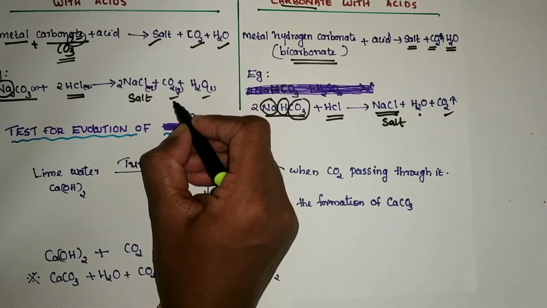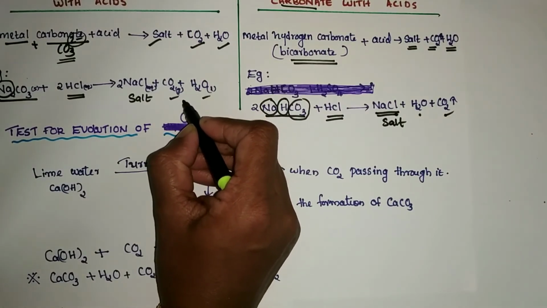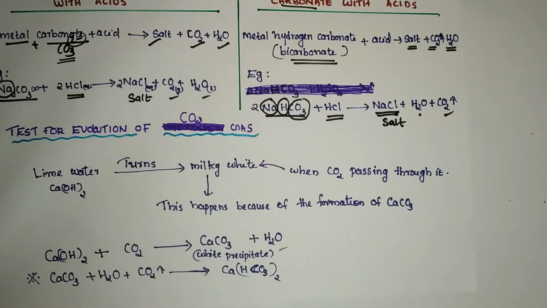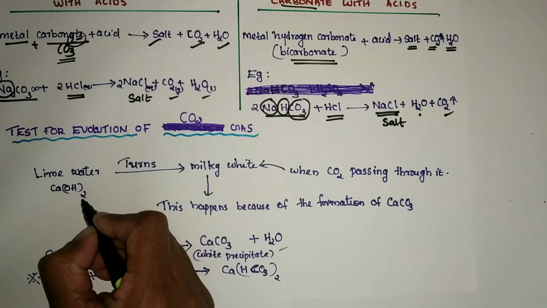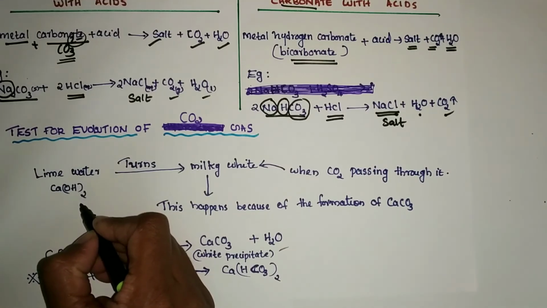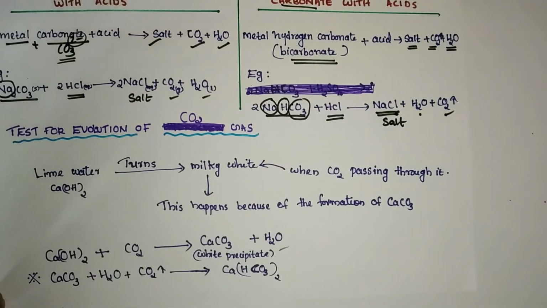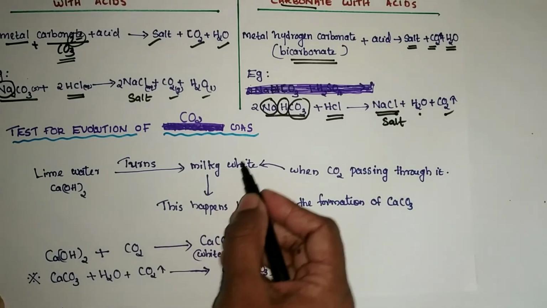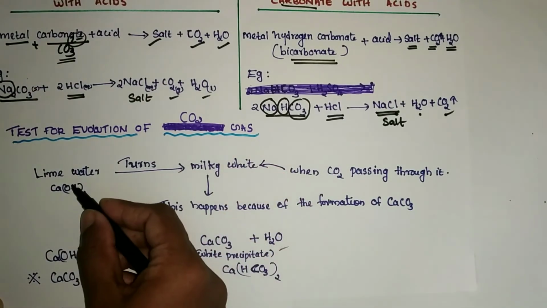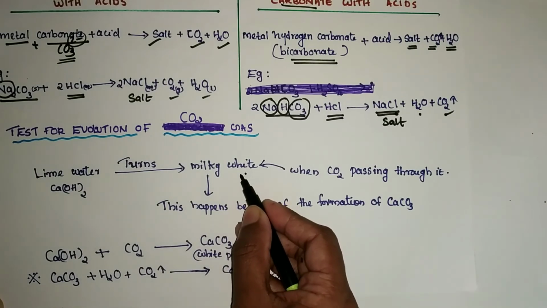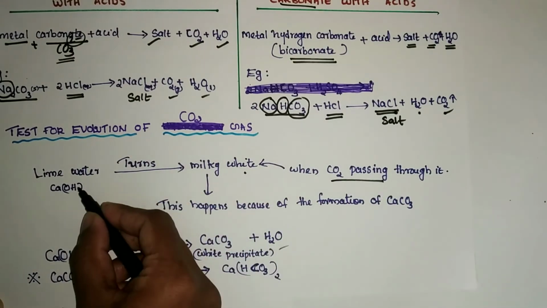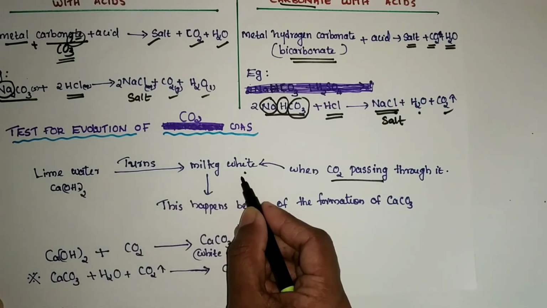For the detection of this gas we will test with the help of lime water. Lime water is calcium hydroxide. When you pass this carbon dioxide gas through lime water, it turns milky white.